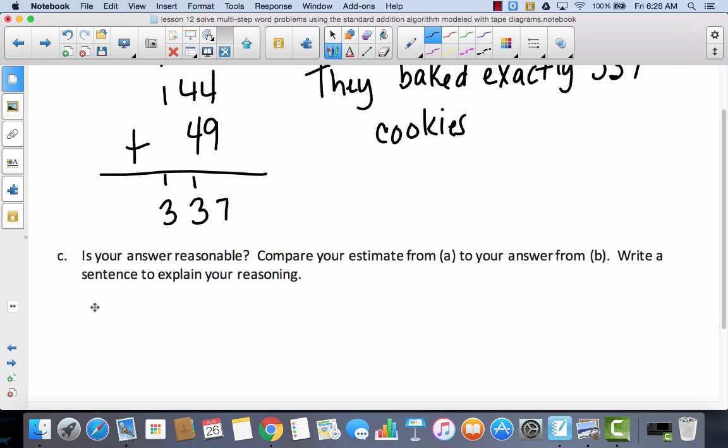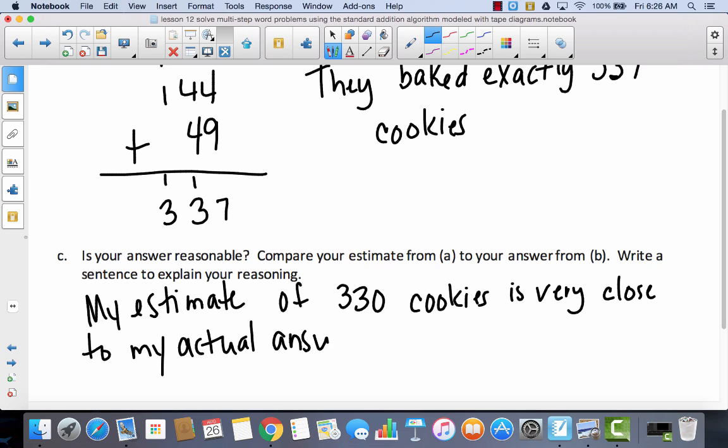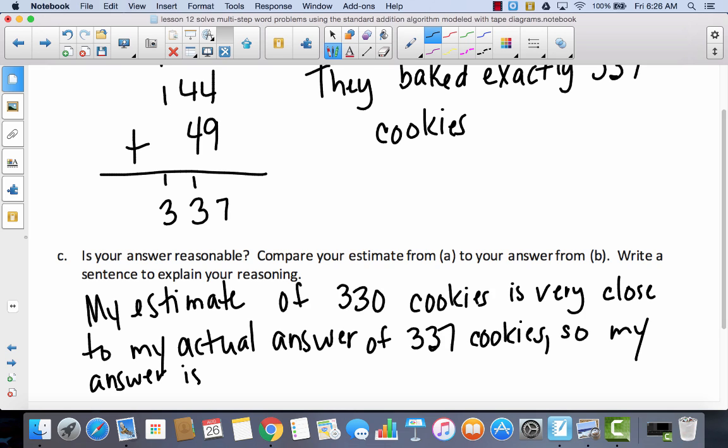So when it says compare your estimate A to your answer B, I'm going to say, my estimate of 330 cookies is very close to my actual answer of 337 cookies. So my answer is reasonable.